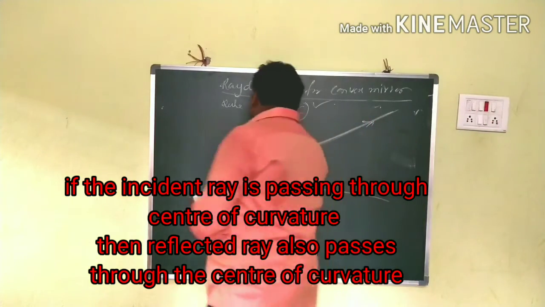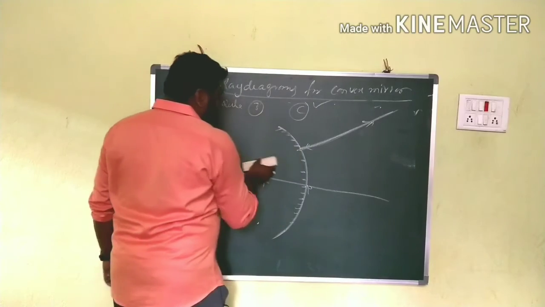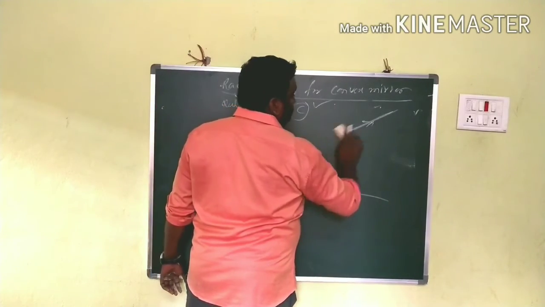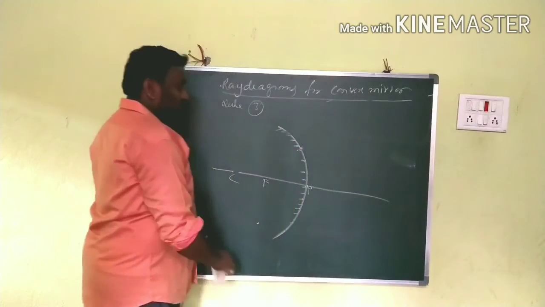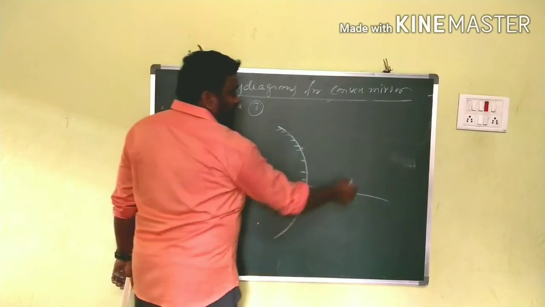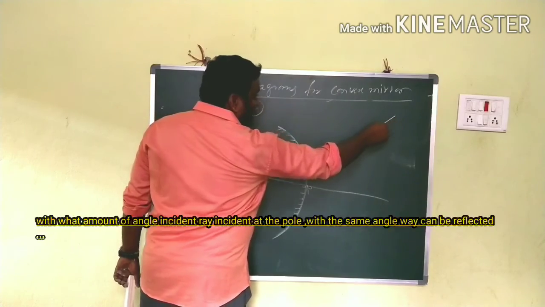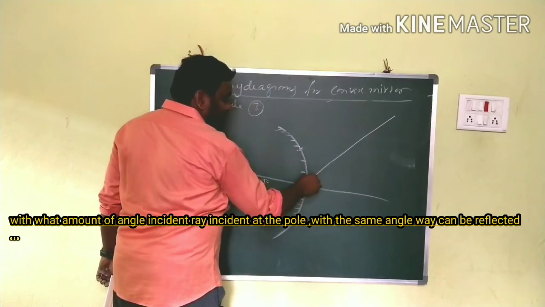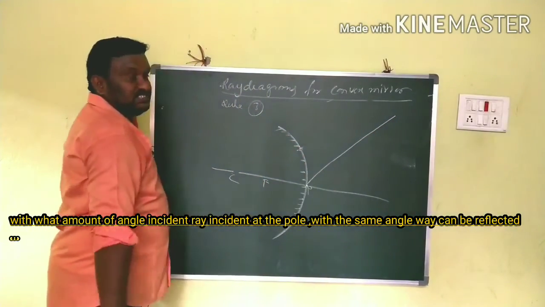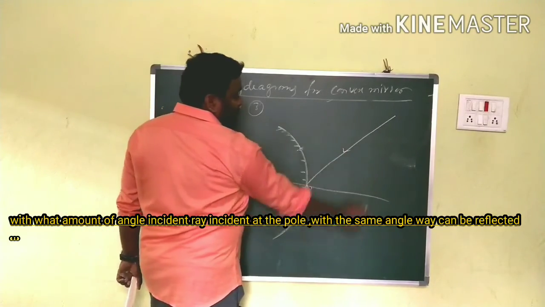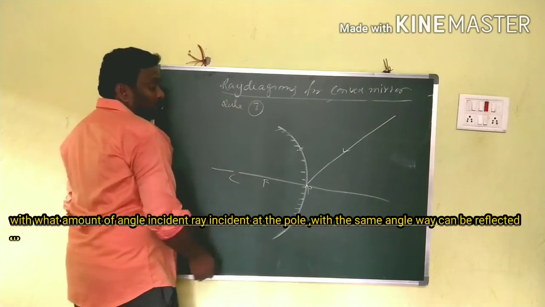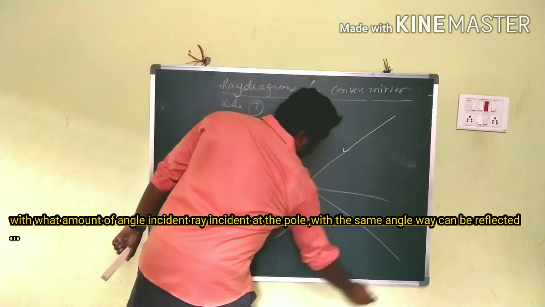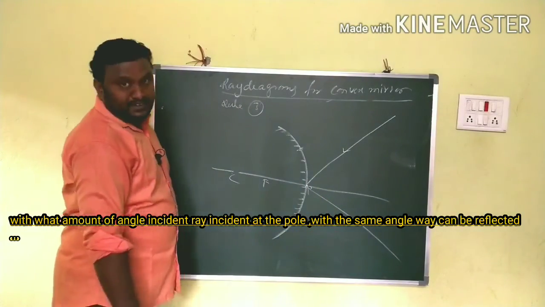And the fourth one. What's that? With what angle should it be incident? This is the incident ray. With whatever angle the incident ray is incident at the pole, with the same angle it should be reflected.